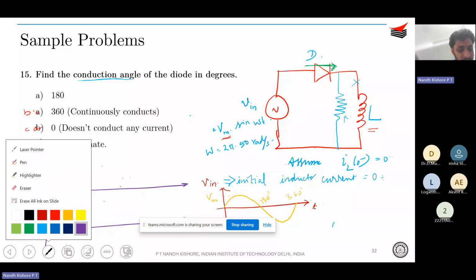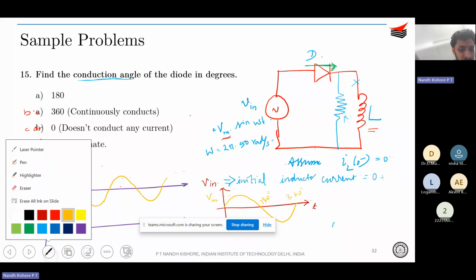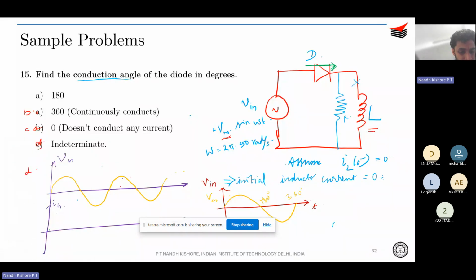So let's say you have something like this and your VN is varying like this. In the case of a purely resistive load, how will the IN look? IN will look something like this, then 0 for the rest of the time period, then something like this, 0 for the rest of the time period, and so on. Correct?